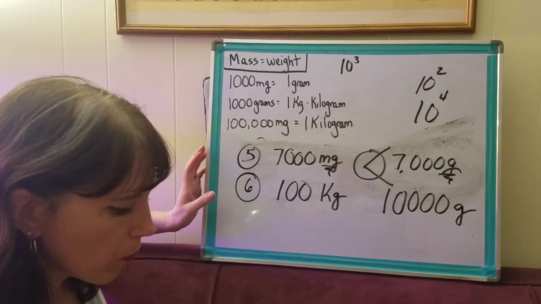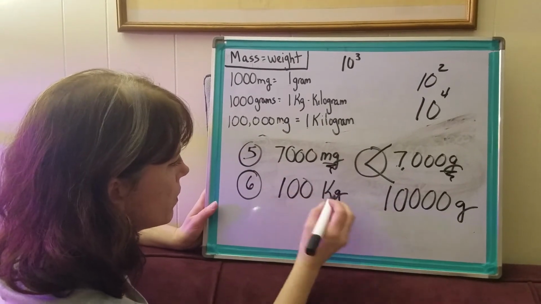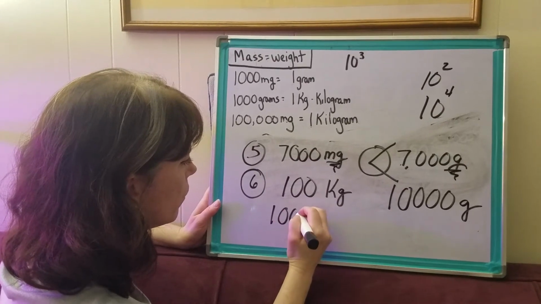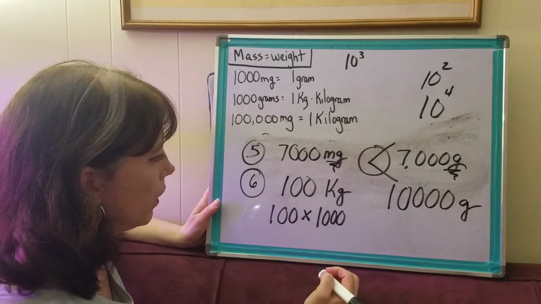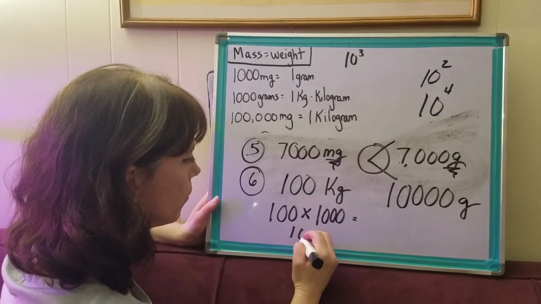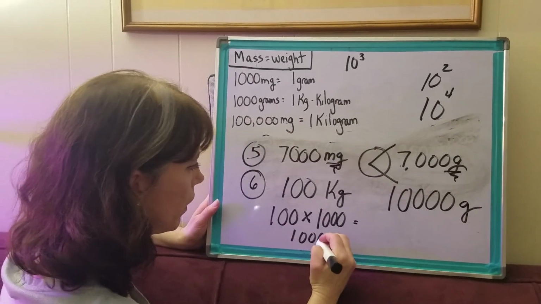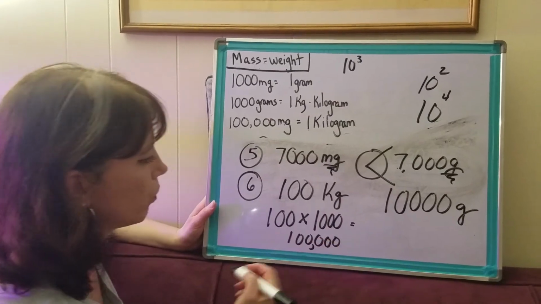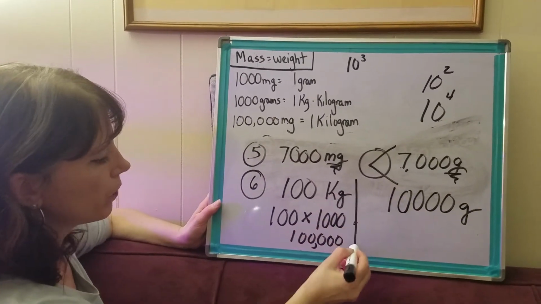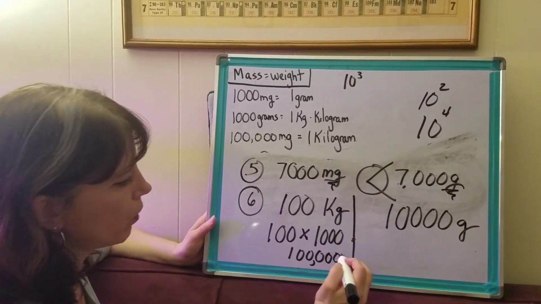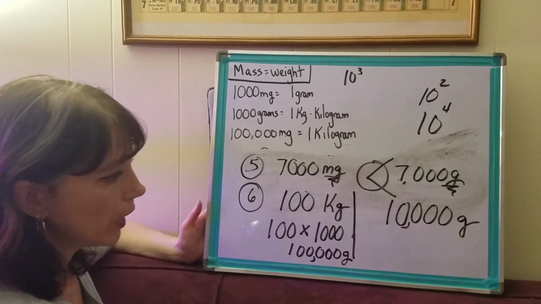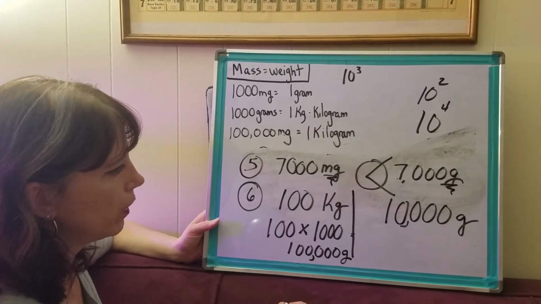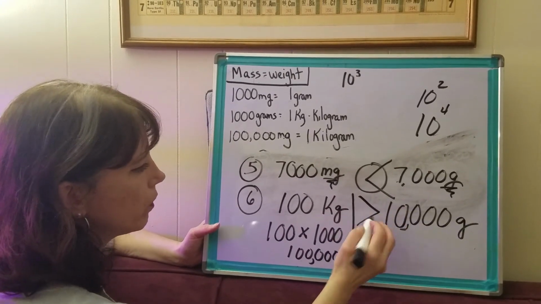Okay, so what I can do is I can say 100 times 1,000, right? So that is going to equal my 100 here and then my other 3 zeros for a total of 100,000. That's what this side is worth. Okay, grams. Now you can see comparison. This is worth only 10. This is worth 100. So this would be the larger number.